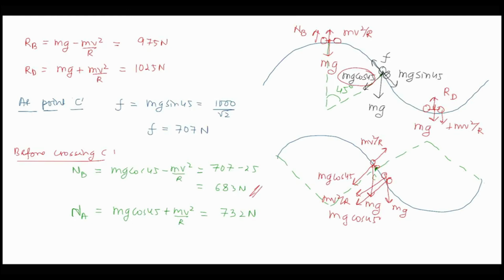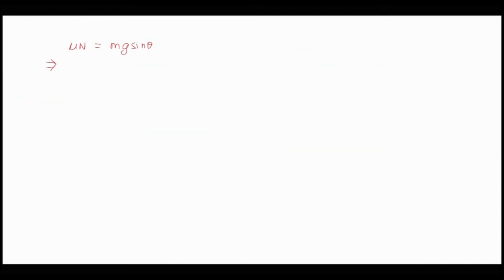So we can directly put this value and equate it with mg sin 45 degrees, which is equal to 707. So mu into 683 is equal to 707, and from here we obtain the required coefficient of friction as 1.037. So this becomes the answer for the last part.